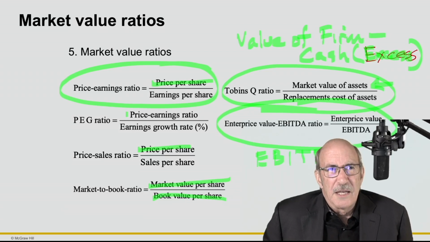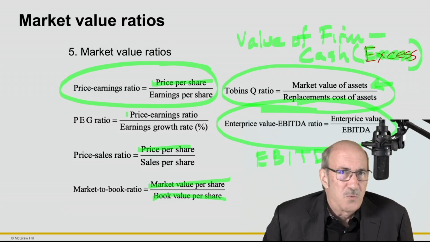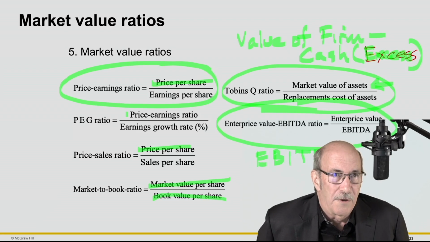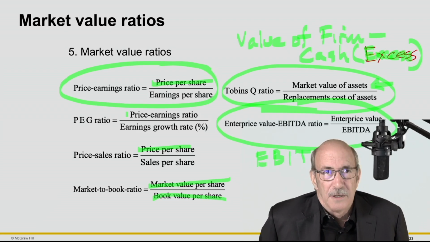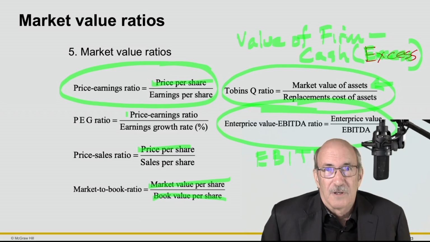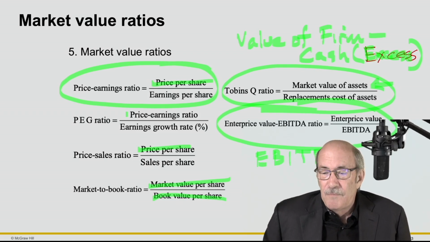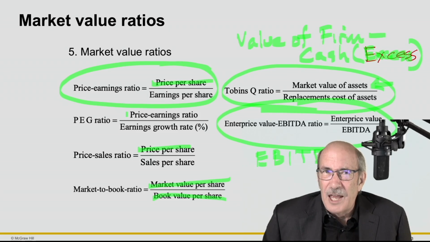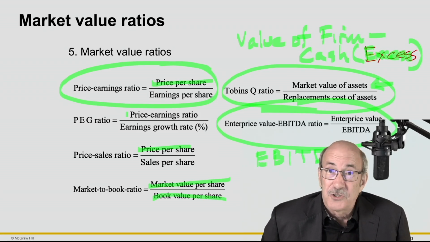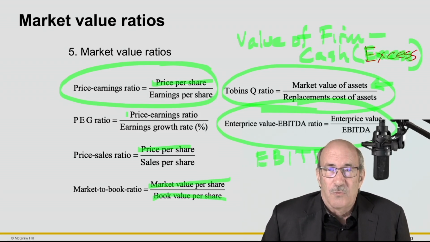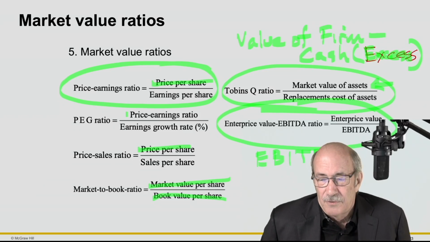Well, why cash? What is it about cash? Well, first thing, what's cash worth? Cash is worth cash, right? $100 is worth how much in the marketplace? $100. It's very clear. Now, what's this excess bit? Well, there's a certain amount of cash that's required to run the firm on a daily, monthly, year-to-year basis, right?